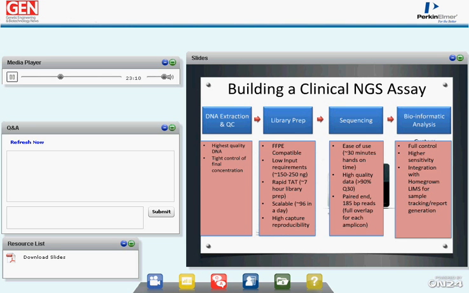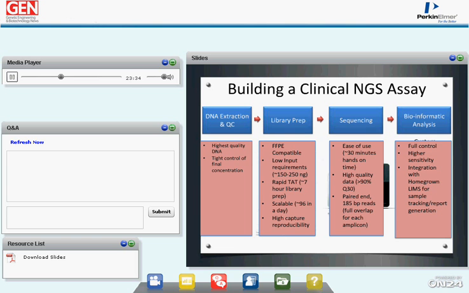So coming in at about 8 o'clock, we can have libraries on the sequencer before the end of the working day, which is great, allowing us to achieve about a 3.5 to 4 day turnaround time in the best case scenario for our specimen. And the assay was also scalable, allowing us to do up to 96 samples in a day with very high capture reproducibility, meaning we're able to determine copy number from this assay.